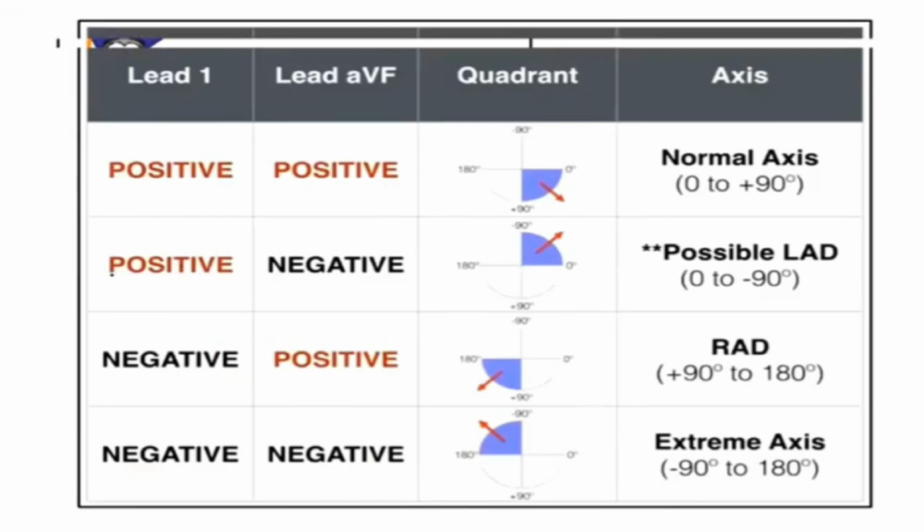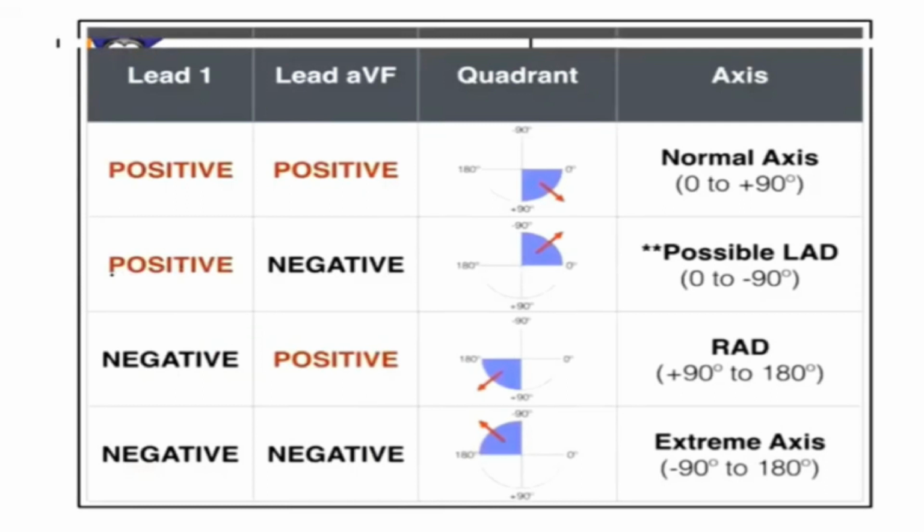If lead 1 is positive, as I discussed in the previous slides, and lead AVF is positive, that is a normal axis. If lead 1 is positive and lead AVF is negative, then it is left axis deviation. Look at lead 2. If net positive QRS complex, we call it a physiological left axis deviation.